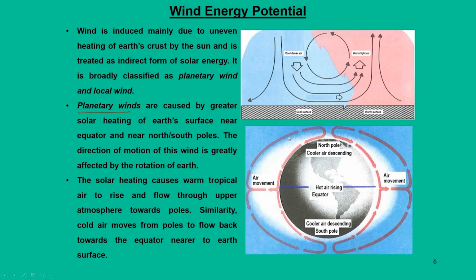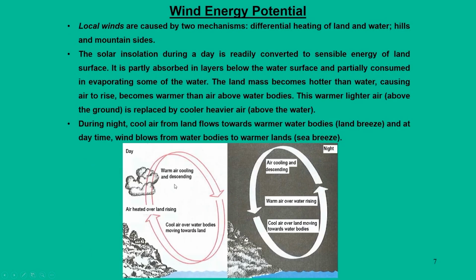Side by side, when it goes in that direction, it pushes the cooler air in the vicinity of the earth surface, and that air tries to move towards the equator, and such solar heating causes the planetary winds. One becomes a cool surface, the other a hot surface. Dense air cools on the surface itself, whereas hot air moves in the upper atmosphere. This is what we call planetary winds.